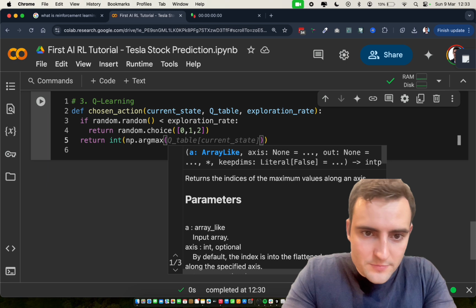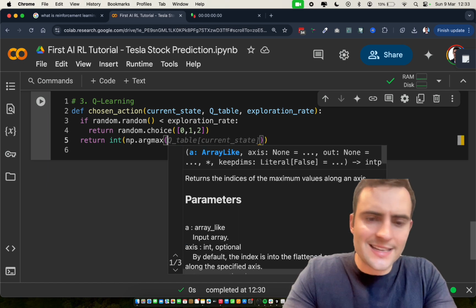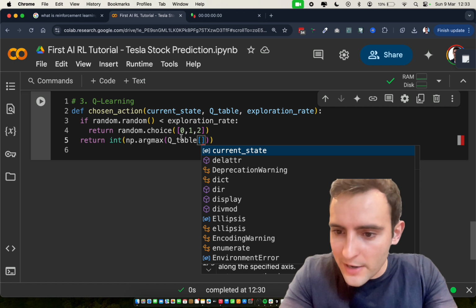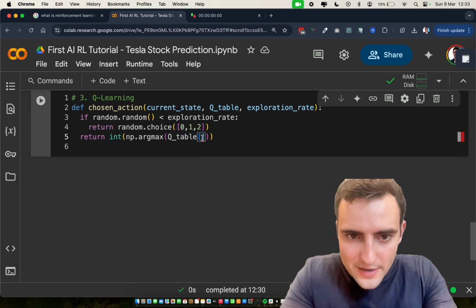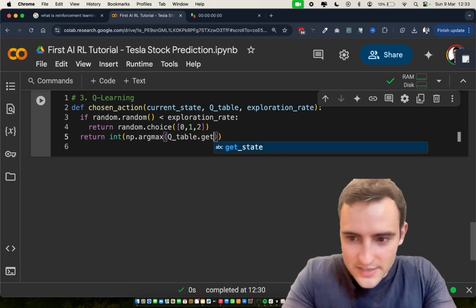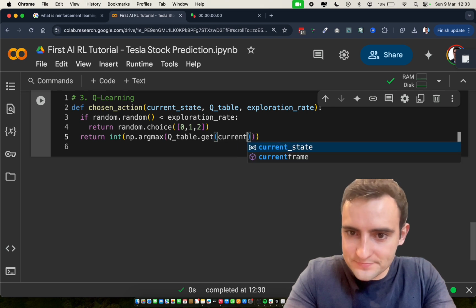Q underscore table. So all we're doing here is we're saying, hey, let's reference this table of knowledge that this algorithm is going to be building by randomly hitting walls a ton of times, but then making mistakes and learning from them. And we're going to do current underscore state np.array.